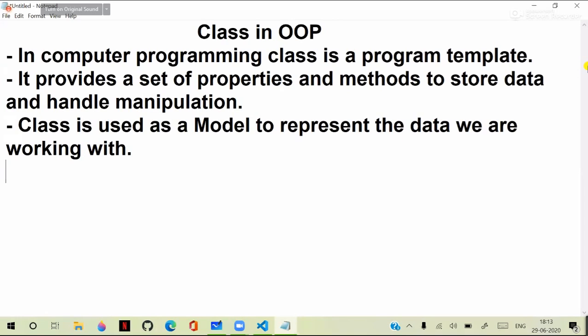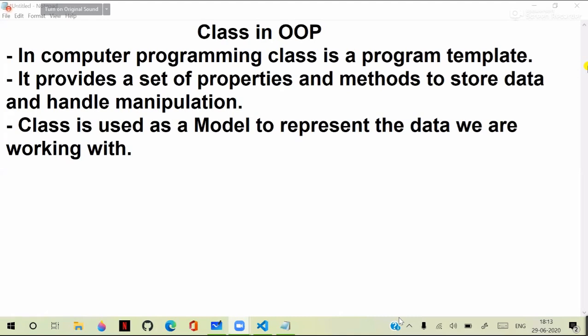Generally, people say class as a model, but in every situation, a class is not a model. I hope everyone understood. Can you tell me when it is called a model? When should we call a class a model?